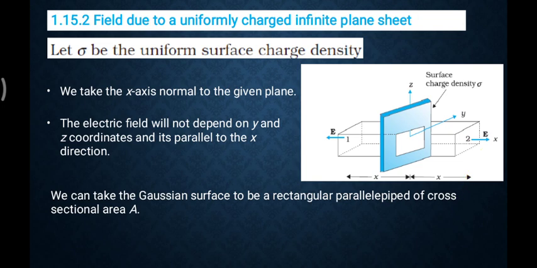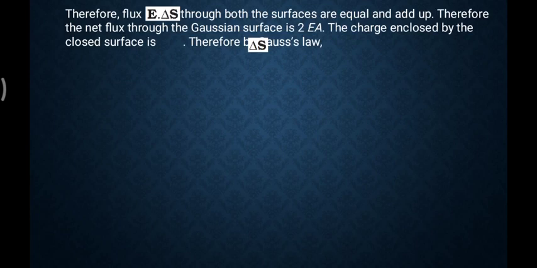Okay, so this is a parallelepiped we are taking as a Gaussian surface, and the area of this whole system will be A. Now, some mismatching is there because the delta is not coming in the mobile version, so that's why I'm using the pictorial form of it. But delta S is shifted to this side.